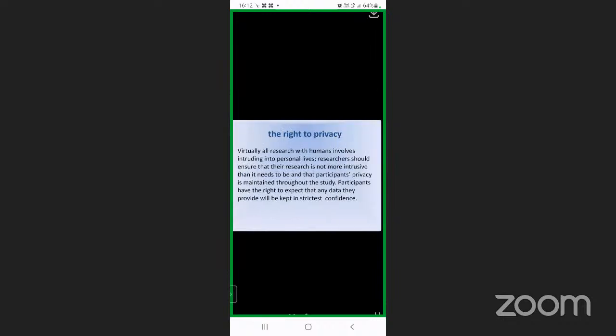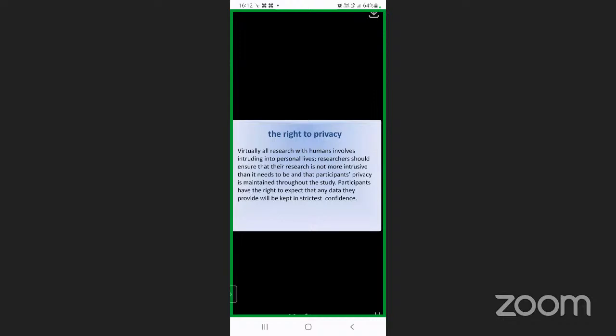Okay. So we are saying here that privacy must be maintained. The name, age, and sex of that person should all be kept confidential.